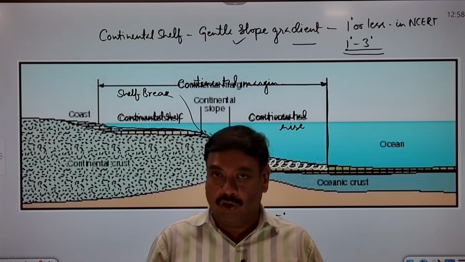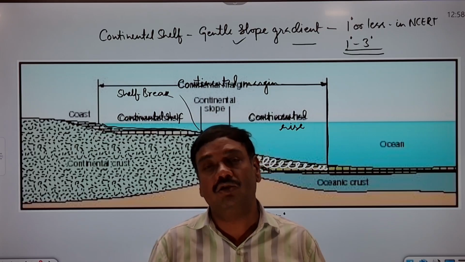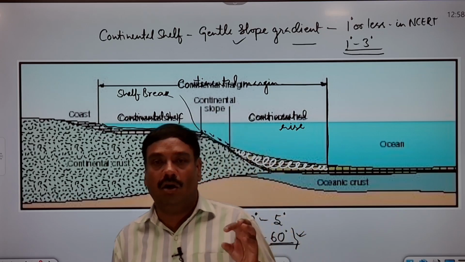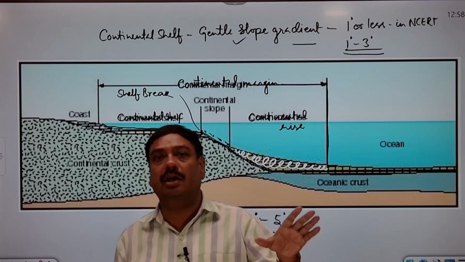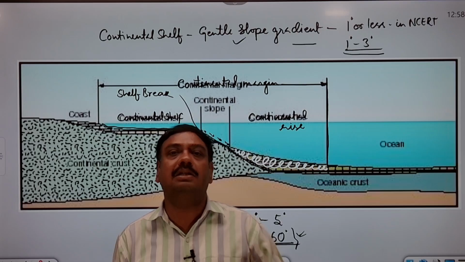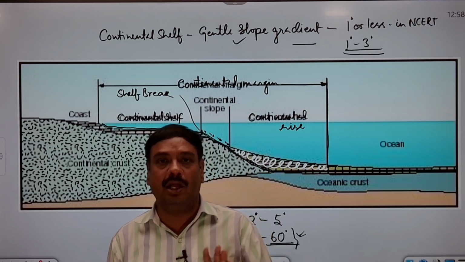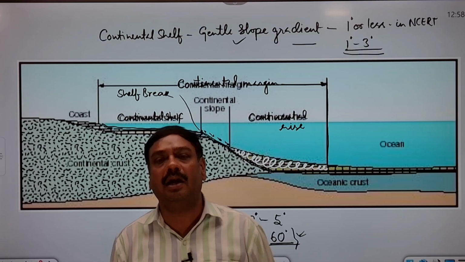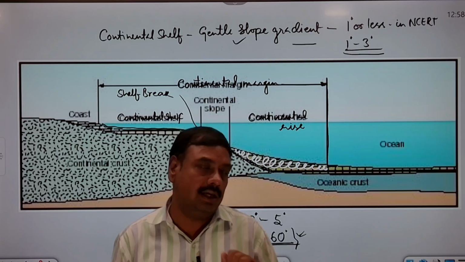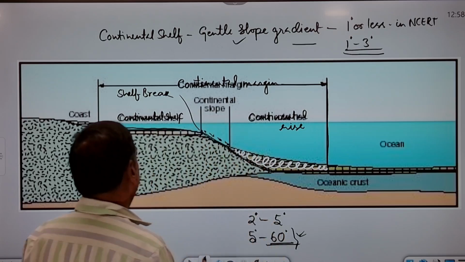If the term continental rise is not there in the options, obviously you can choose the option end of the continental slope. But if the term continental rise is given in your options, obviously you can choose continental rise rather than only the continental slope. Got it? It is the thing you must remember.